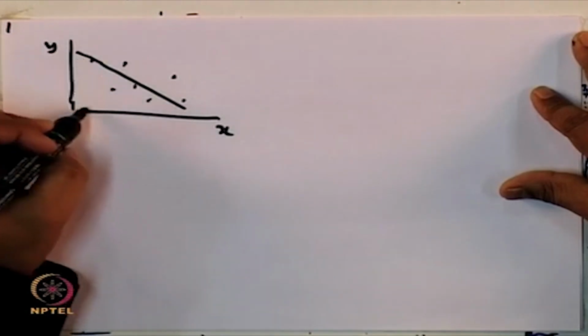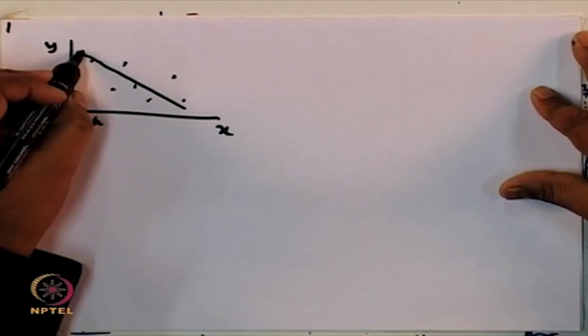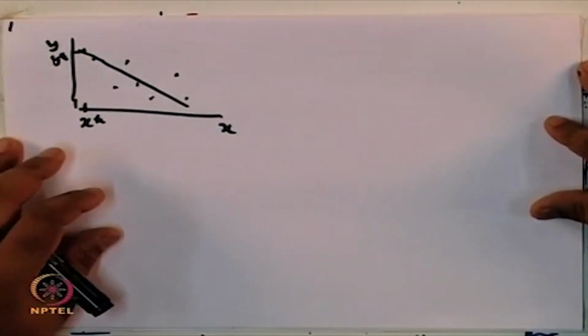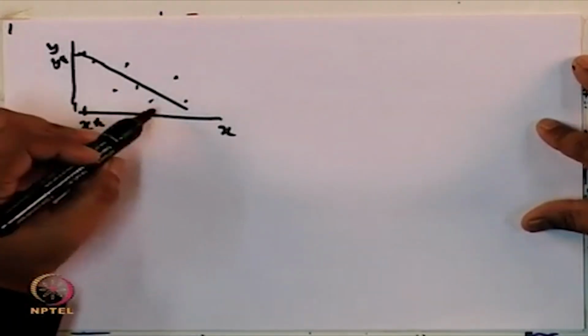Let us say, given this particular x star, I want to know the value of y star. So, the way to do it is, from the trend itself, we want to find the equation of the line, right.